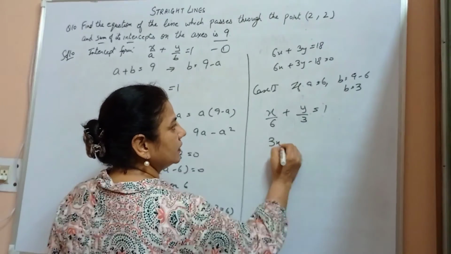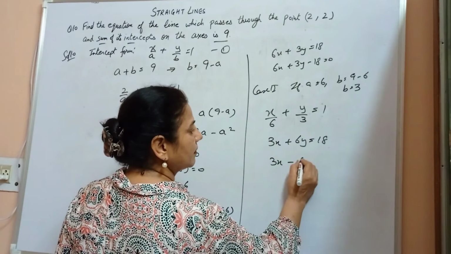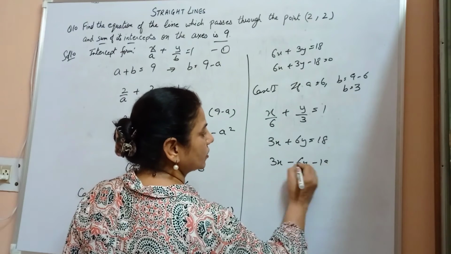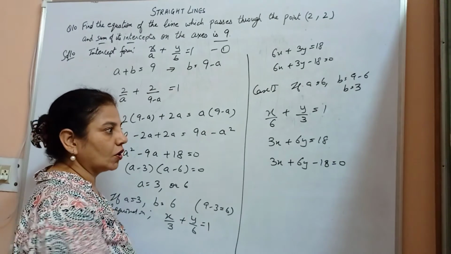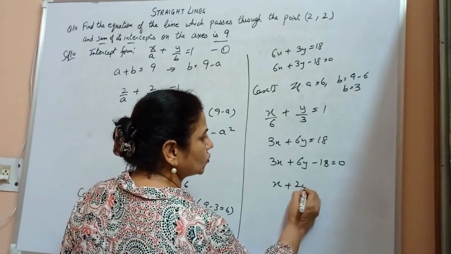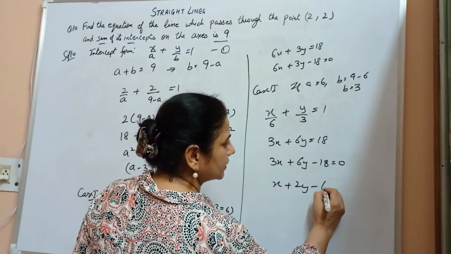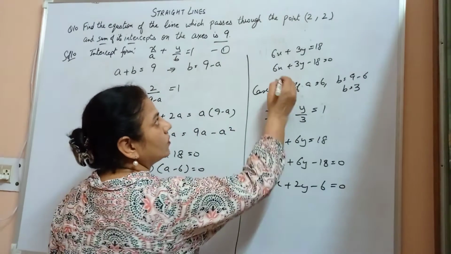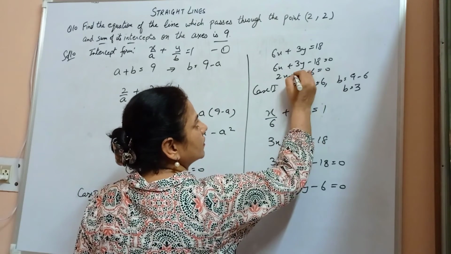Cross multiply, 3x plus 6y is equal to 18, or you can say 3x plus 6y minus 18 is equal to 0. Or if you want to simplify, divide throughout by 3, you will get x plus 2y minus 6 is equal to 0. Here also you can say 2x plus y minus 6 is equal to 0 is the required equation.